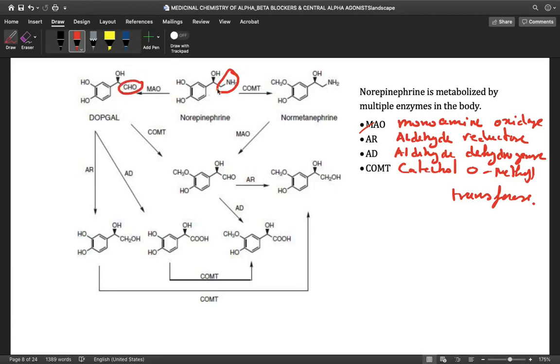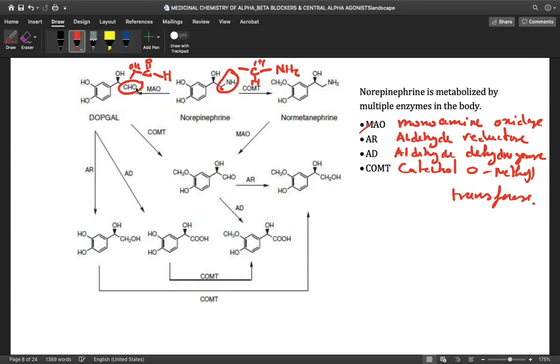Now, it's an oxidation because when you look at the oxidation state of this carbon, you go from a carbon that is bound to the amine with 2 hydrogens, to a carbon that's bound to another carbon and an oxygen here. So this particular carbon has undergone oxidation.